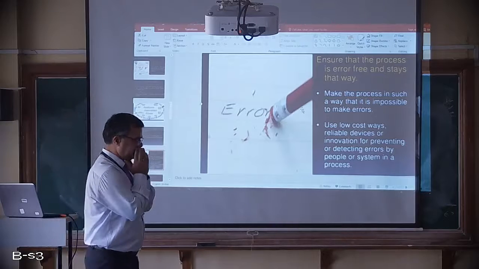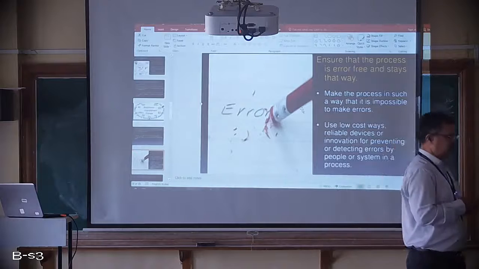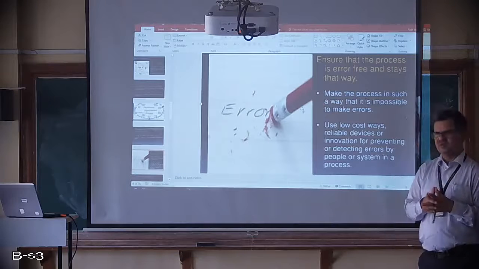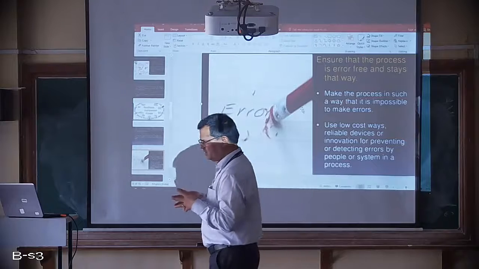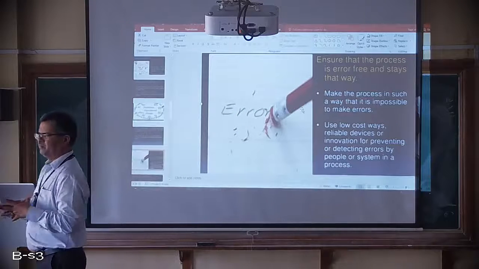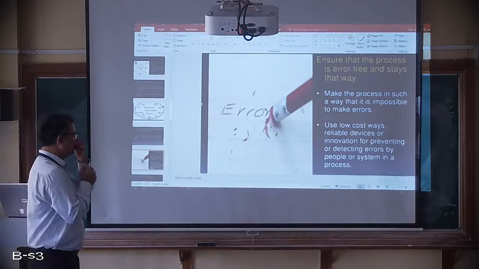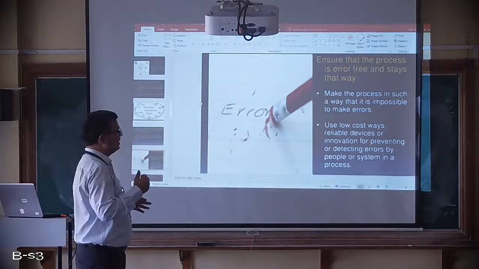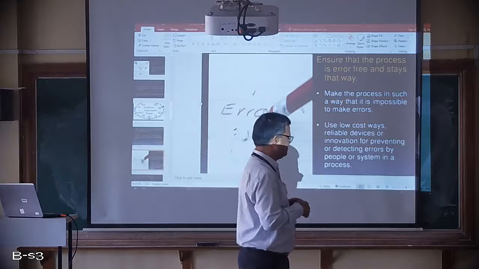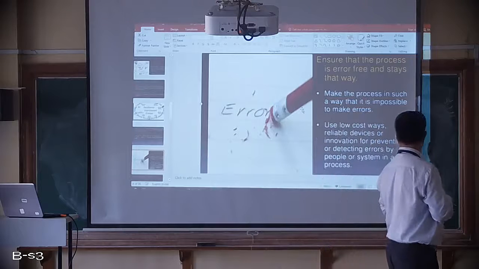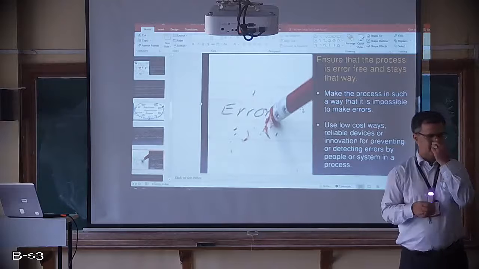When you want to make a totally error-free system, you should make sure that it's impossible to make errors, and the device also should be reliable. So it's very important to use reliable devices or any innovation for preventing or detecting errors by people or system in a process.